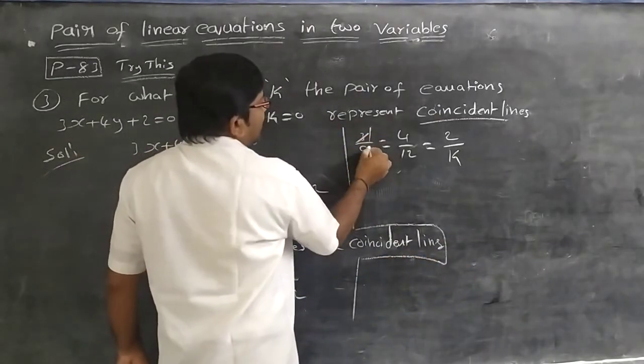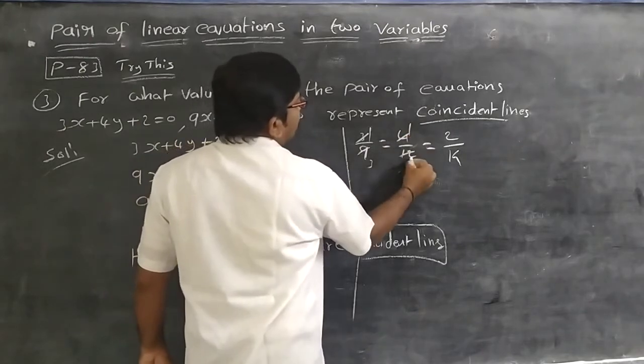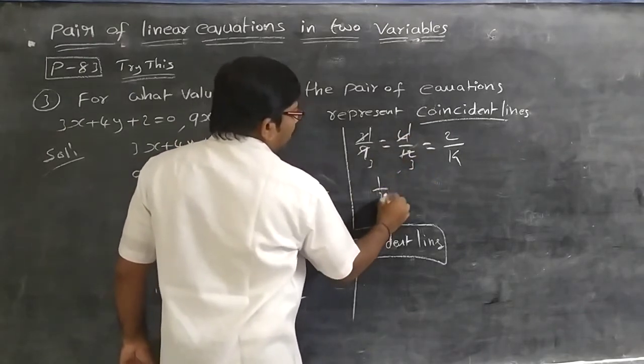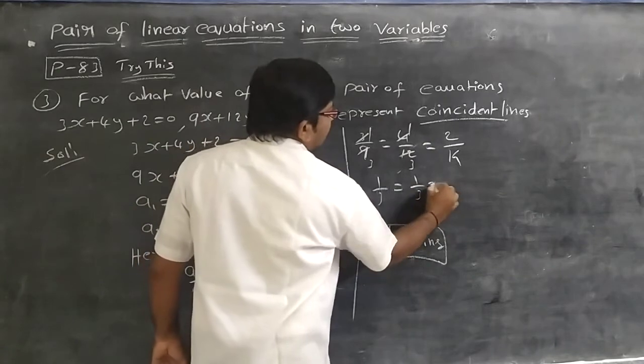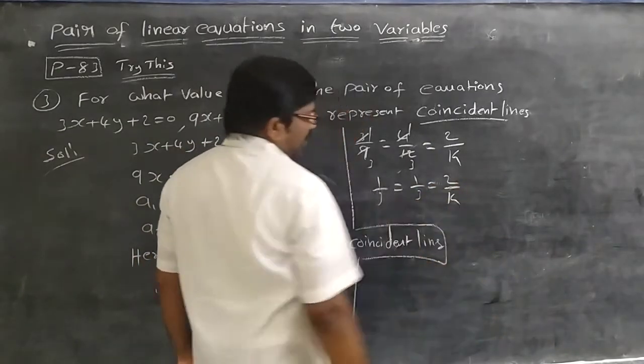So 3 ones are 3, 3 threes are 9, 4 ones are 4, 4 threes are 12. 1 by 3 is equal to 1 by 3 is equal to 2 by k, right?